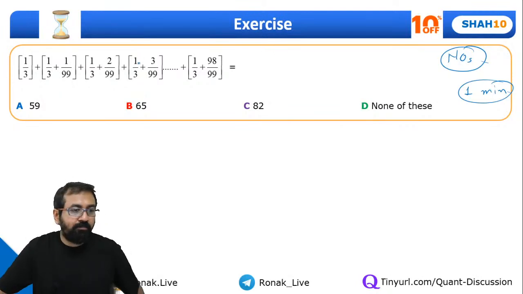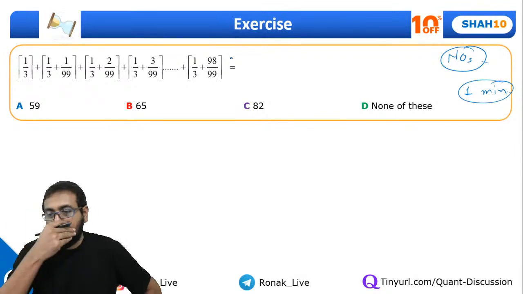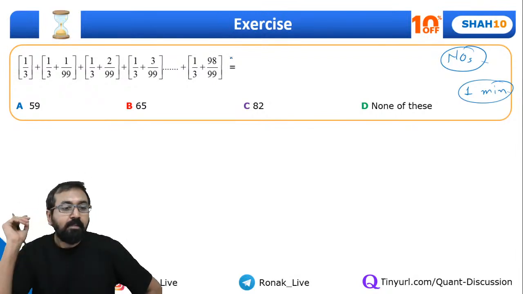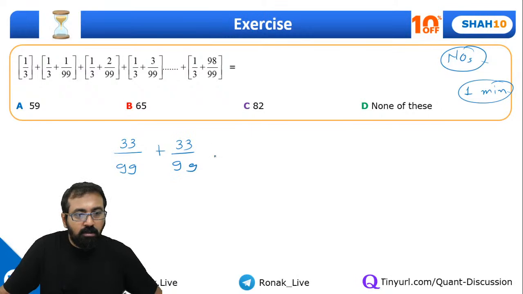Okay, so what's the answer for this? Everyone, please quickly tell me the answer. So this 1 by 3, can we write down 1 by 3 as 33 by 99 plus, again 1 by 3 will be 33 by 99 plus 1 by 99.